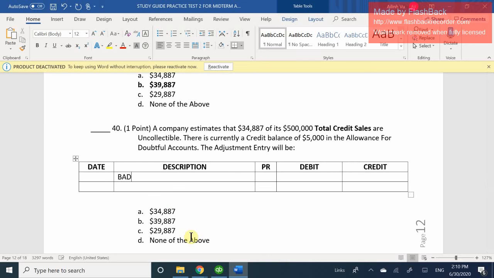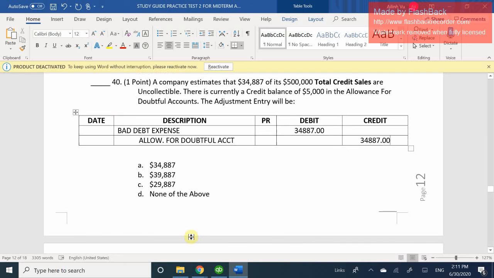Okay, so bad debt expense, allowance for doubtful accounts for 34,887 is correct, because we recognize total credit sales. So A is your answer here.